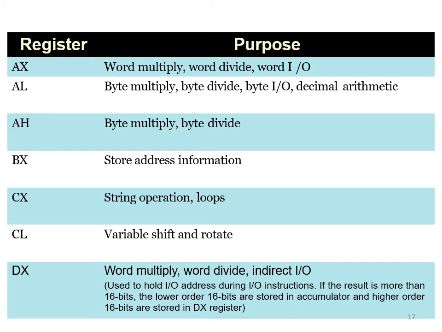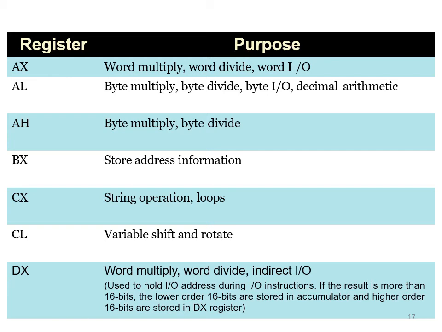So these are the different general purpose registers and their applications. You all know that the registers of the 8086 are 16-bit registers. But if it is byte-based data, you don't have to utilize that entire 16 bits. So the 8086 gives you a provision to make the entire 16 bits into two halves.